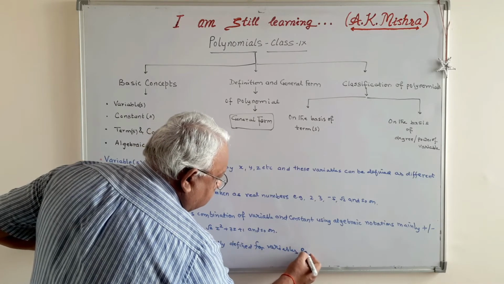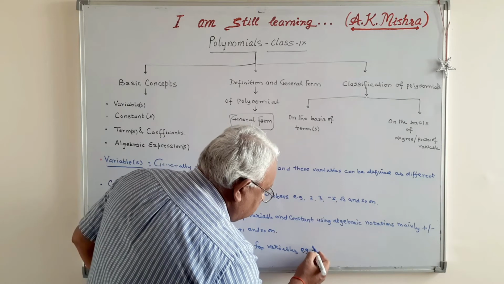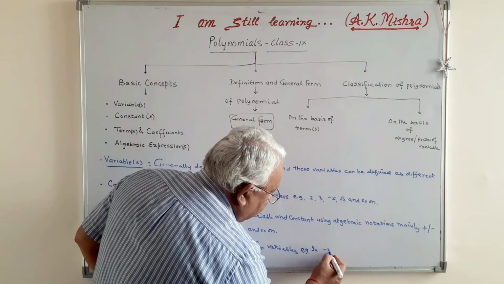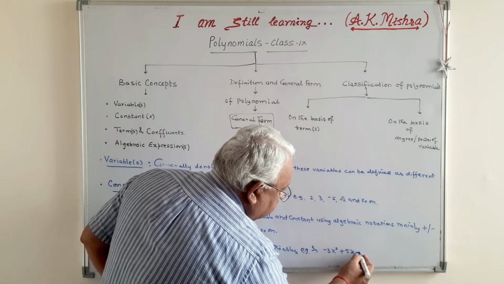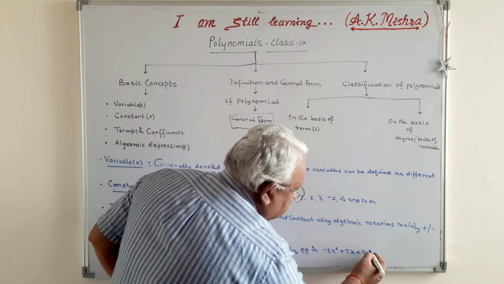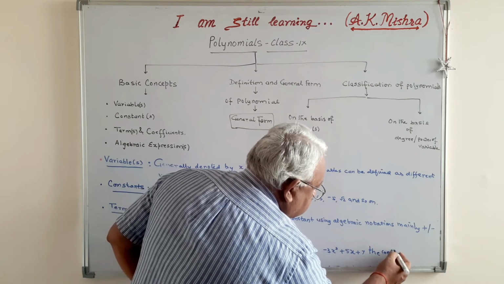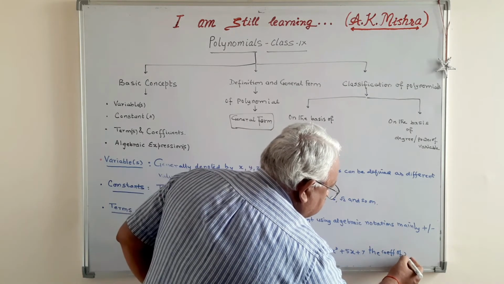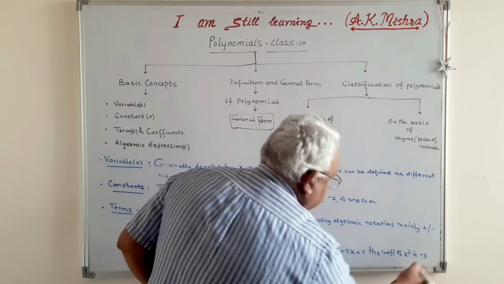For example, in minus 3x square plus 5x plus 7, the coefficient of x square is minus 3.